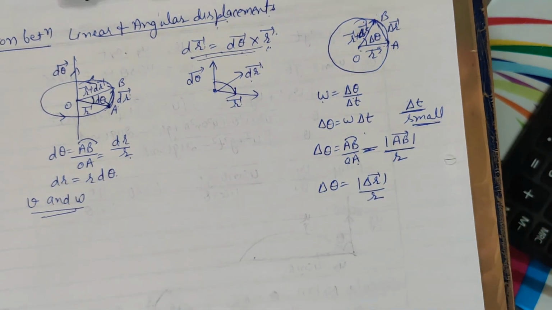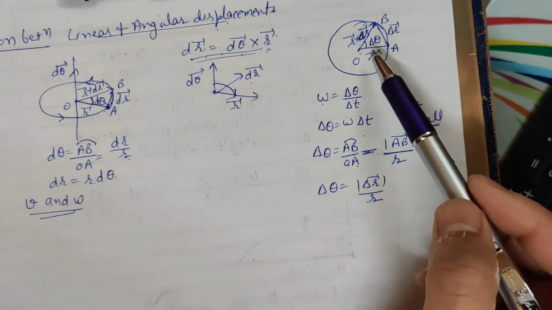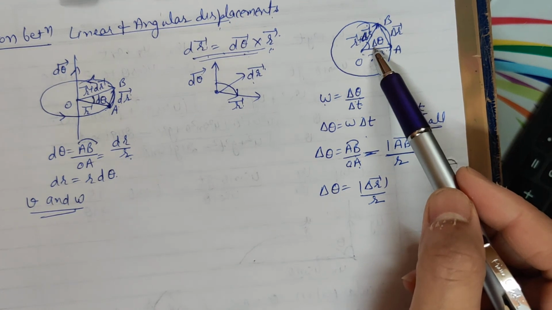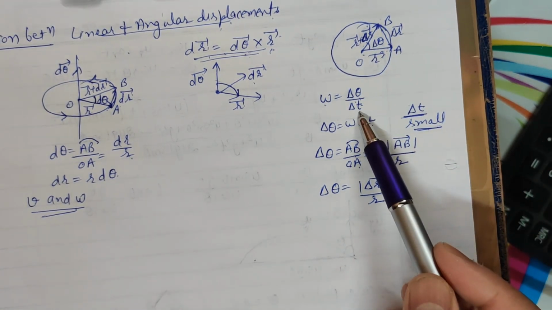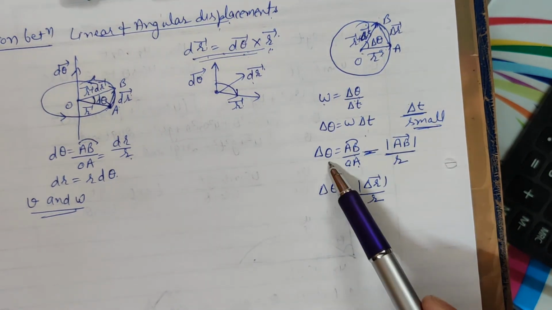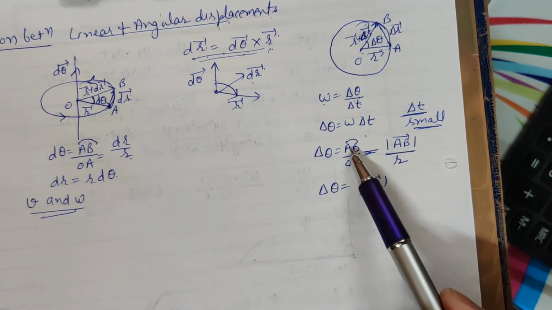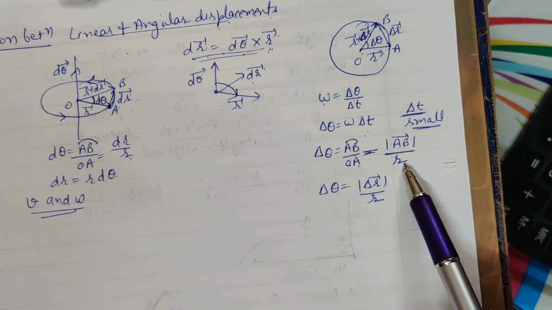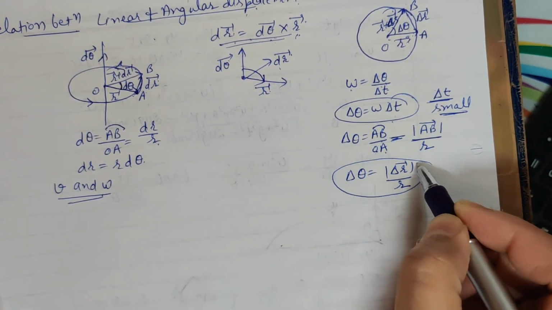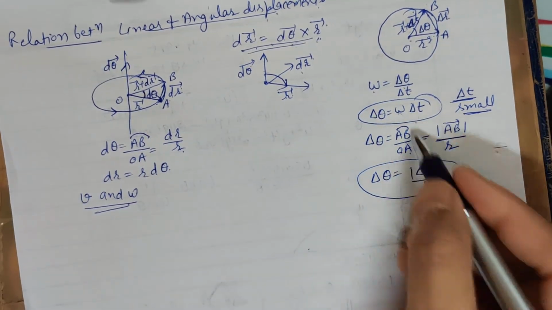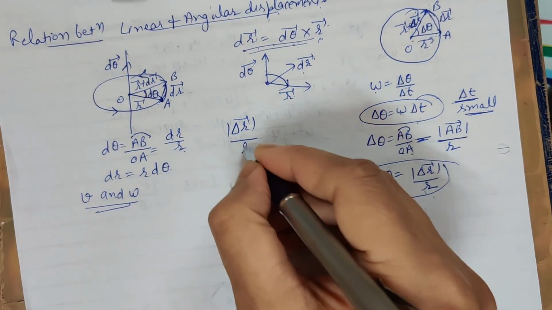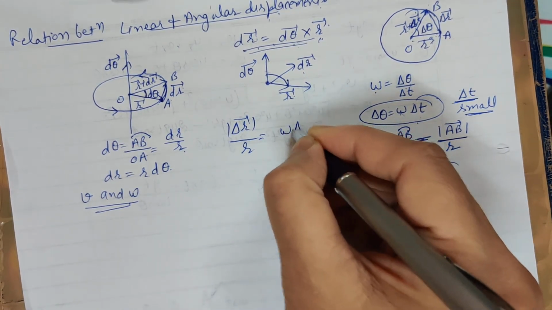So when a body is in circular motion, linear displacement is delta r and angular displacement is delta theta. Delta theta is omega delta t, and it is also defined as delta r upon r. So delta r magnitude upon r is equal to omega delta t.